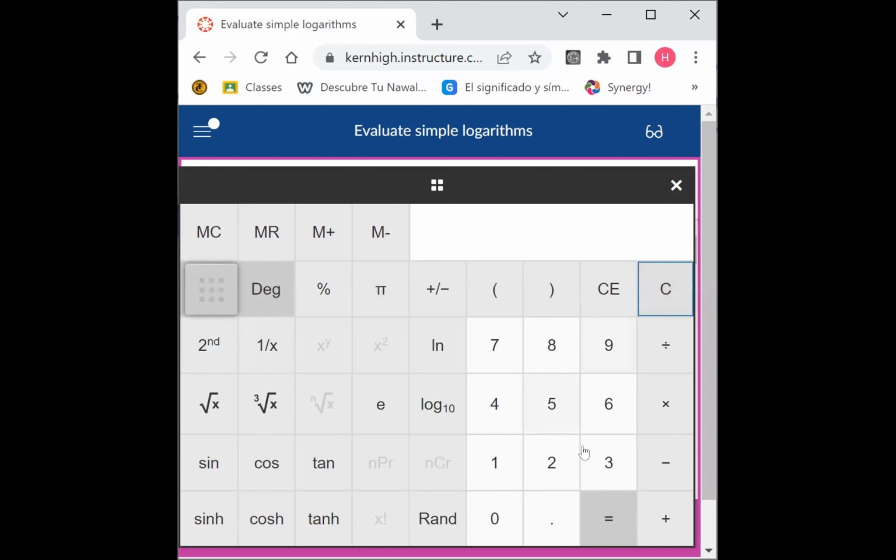If we just type in log of 3.1, or we do log of 3.1 divided by log of 10, I can assure you it's the same answer. In my case, it's 0.491. The next number is a 3, so too small. So 0.491.